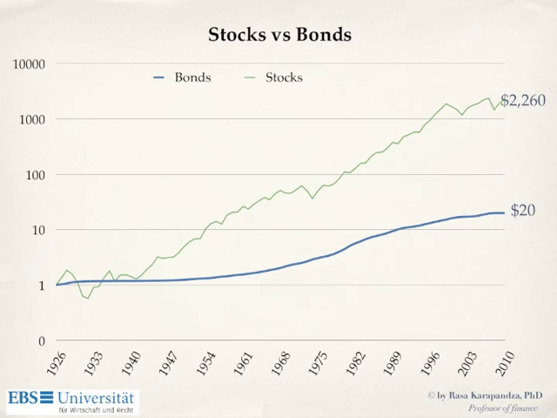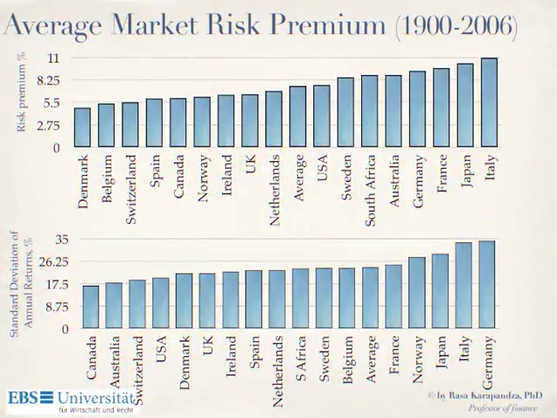So even when they can afford to invest some of their money into bonds and stocks, they don't do that, while the rich people do that. This is one of the main differences between the rich and the poor. Now, this percentage that you earn more by investing into stocks compared to bonds is called the risk premium, market risk premium.